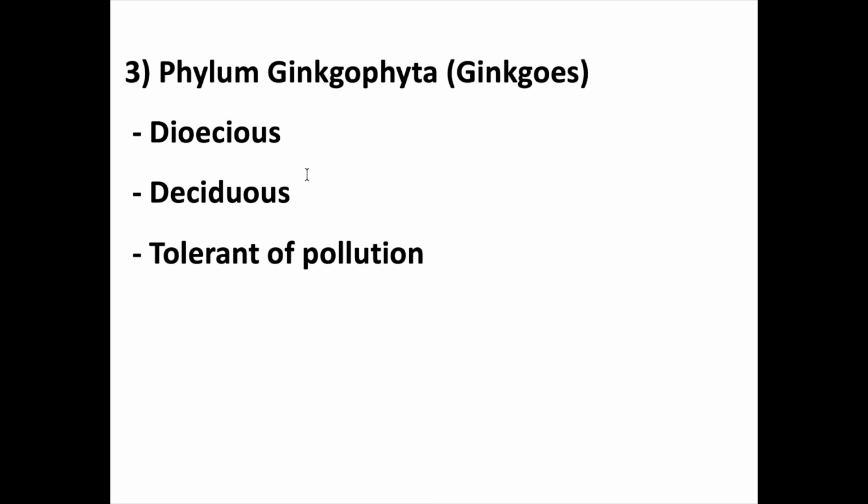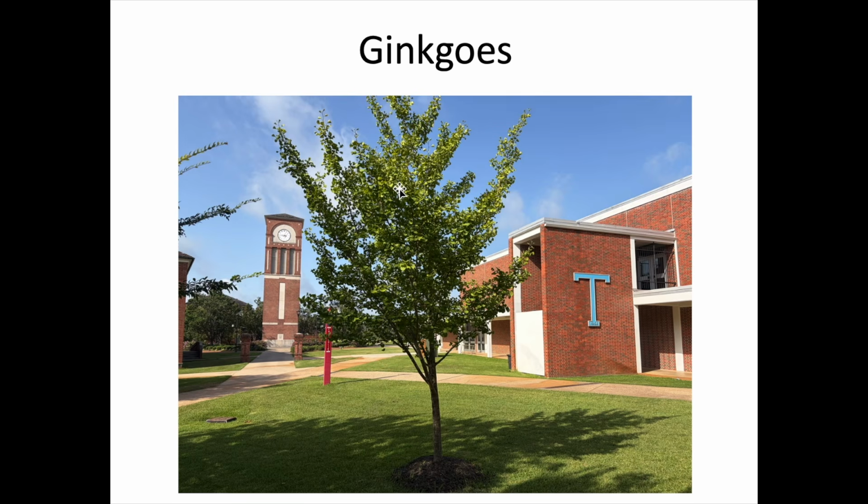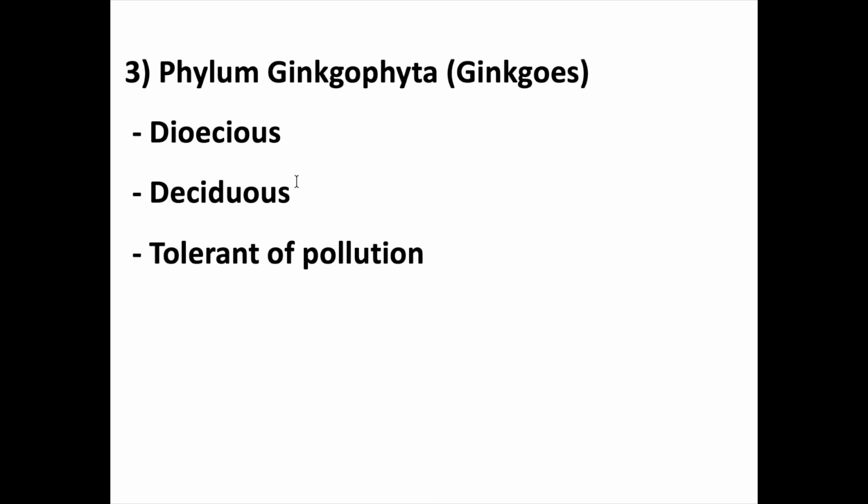These are also deciduous. So if it gets around to a winter quarter when you're taking this class, maybe find this ginkgo tree, see that it's lost all of its leaves. And these are common as ornamental plants because they're very tolerant of pollution. Not terribly polluted around Tech Campus, but yeah, they're common city trees because they can survive horrible bus type pollution.